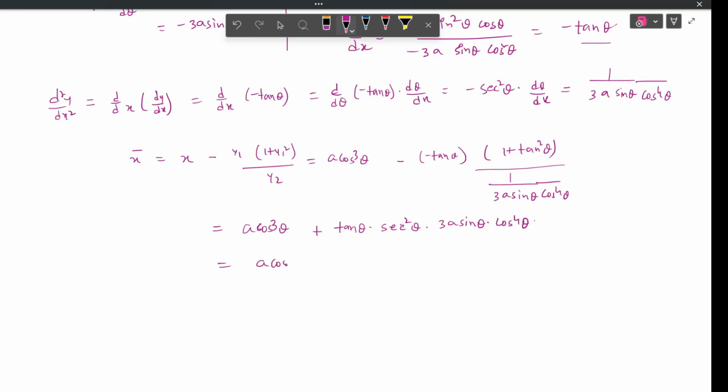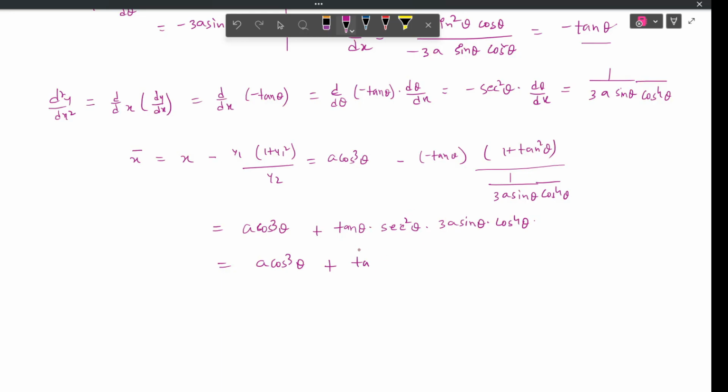Now this is a cos cube theta plus. Tan theta is sin theta by cos theta. One cos theta will cancel out. Sin theta and sin theta give sin square theta, and sec square theta is 1 by cos square theta.